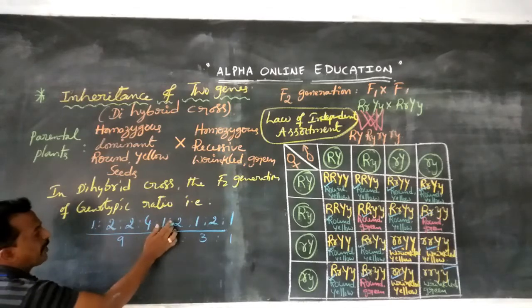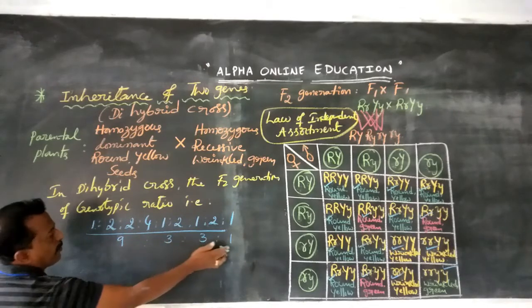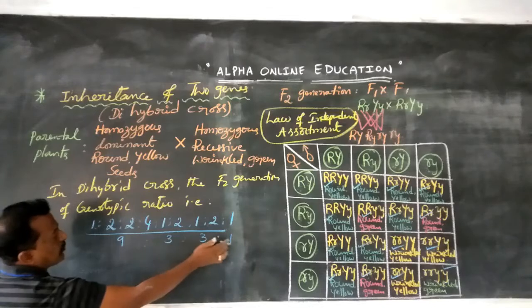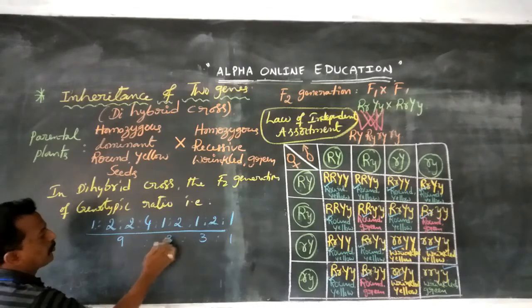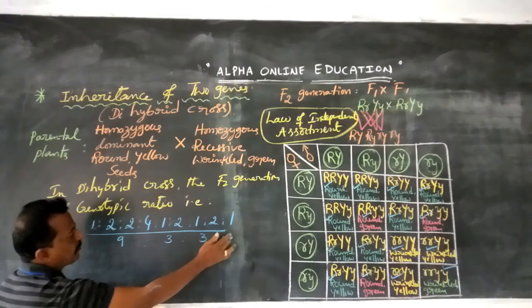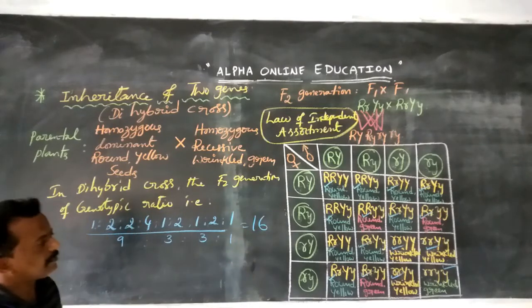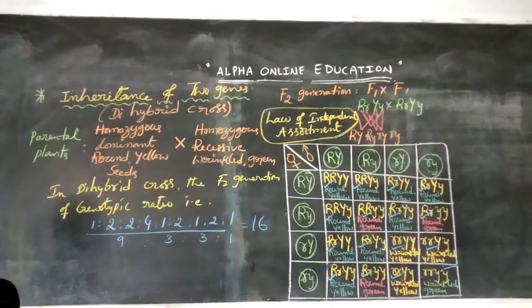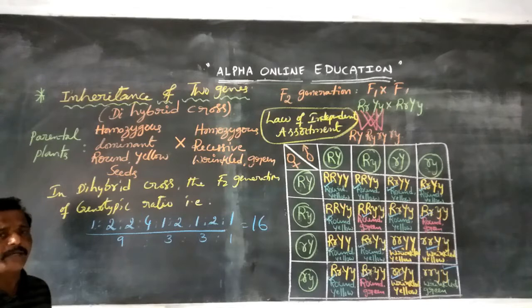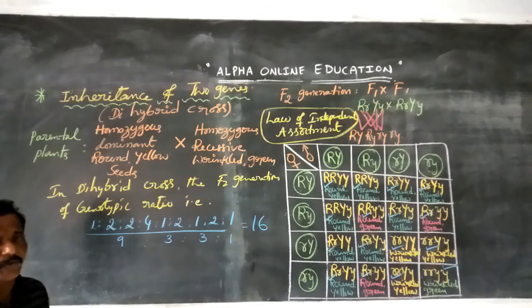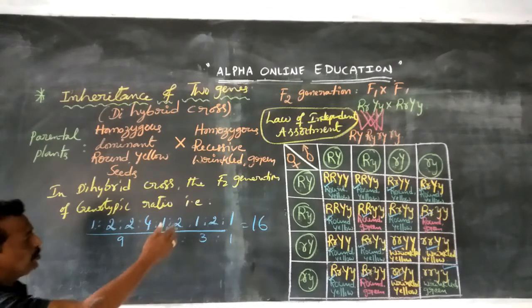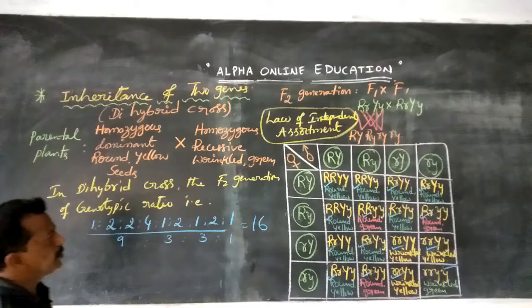For the phenotypic ratio, 9 plus 3 is 12, 12 plus 3 is 15, 15 plus 1 is 16. Totally 16 combinations are involved, so 16 genotypes appear in the Punnett square board. What are the 16 genotypes?